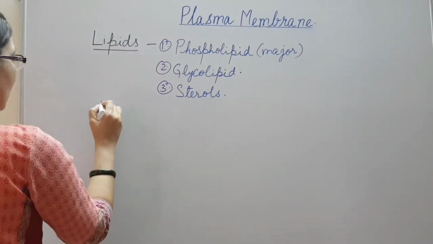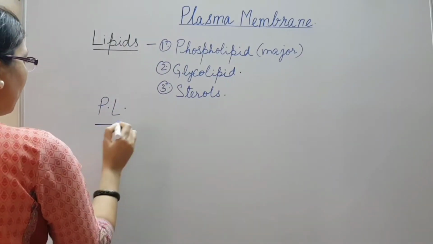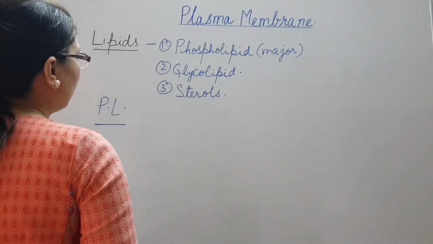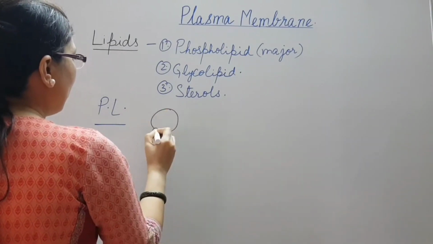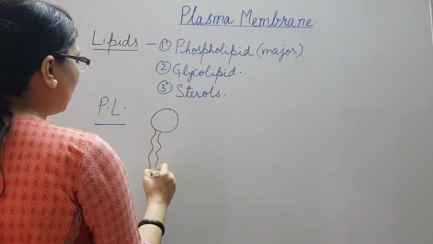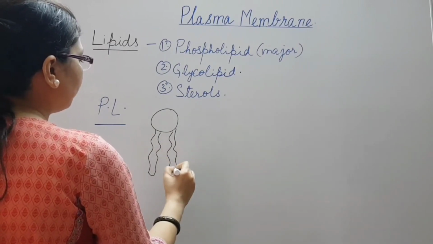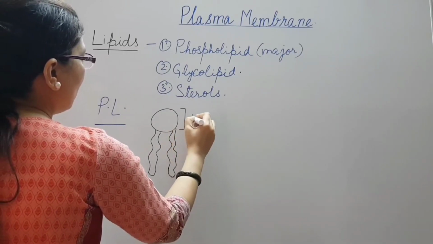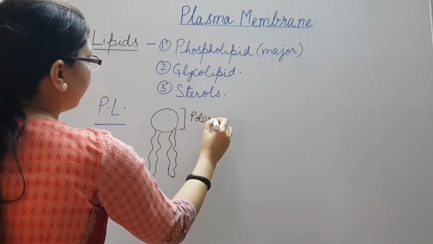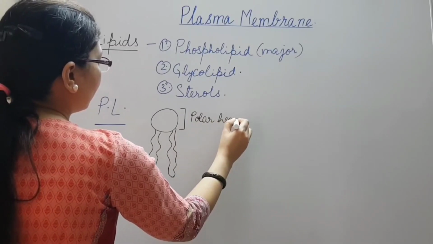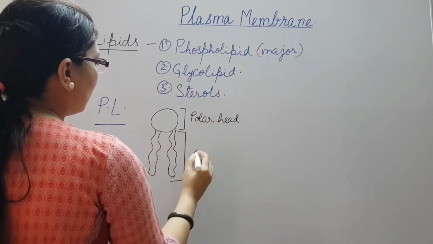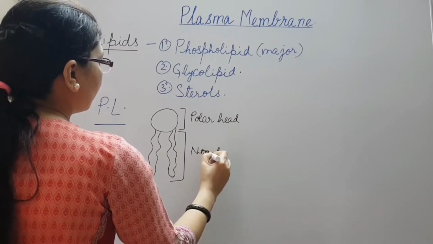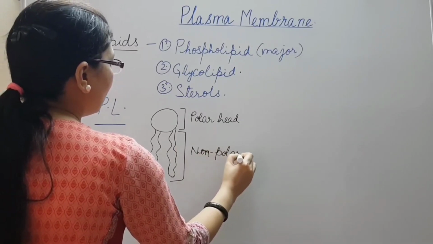The first is phospholipid. These phospholipids are amphipathic molecules. That means these have polar head and non-polar tail. This is polar head and this is non-polar tail.